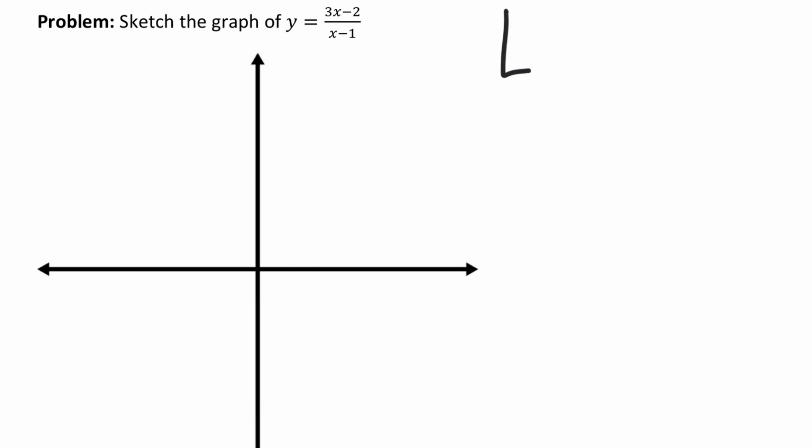All right, so assuming you did synthetic, we have 3, negative 2. And on the bottom, we're plugging in x equals 1. So we get 3. 3 times 1 is 3. So that means we could write it as, here's our remainder. Here's our quotient.